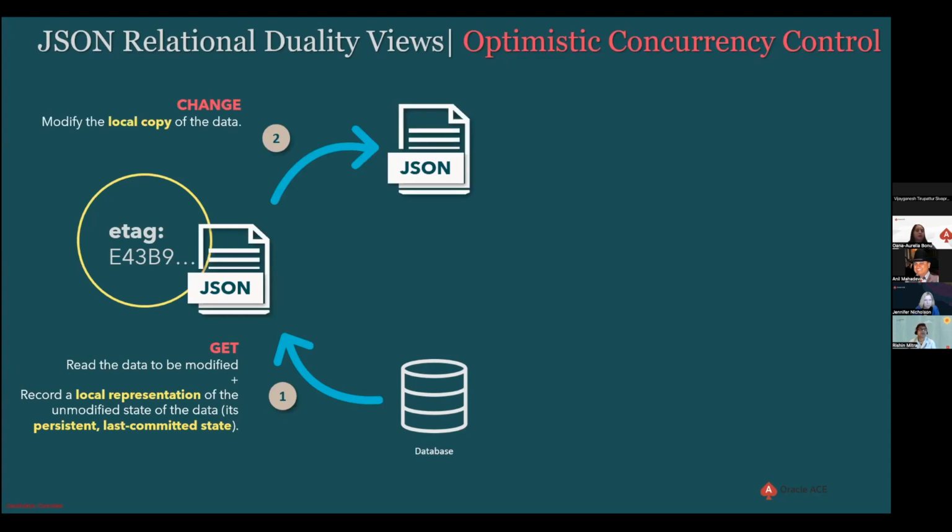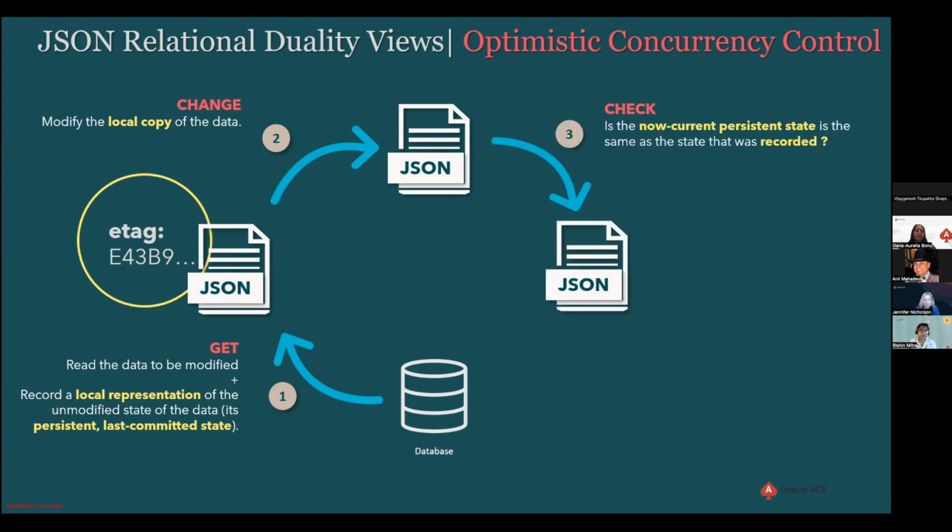Then in the second step, it modifies the data in the local copy, and then it checks the now concurrent persistent state, whether some other session or someone else has modified the data or not.